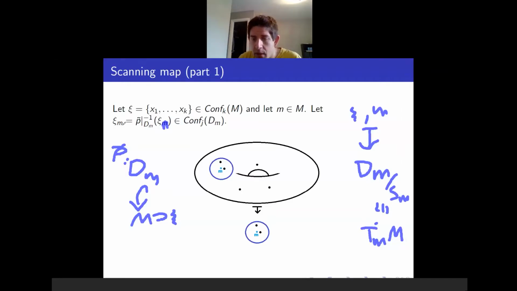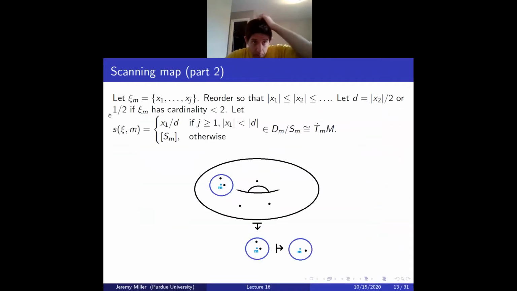Any questions? Okay. So now, in this picture, we start with 5 points and then we get 2 points in a disk. And the issue is basically we want 1 or 0 points in the disk. So what do you do?